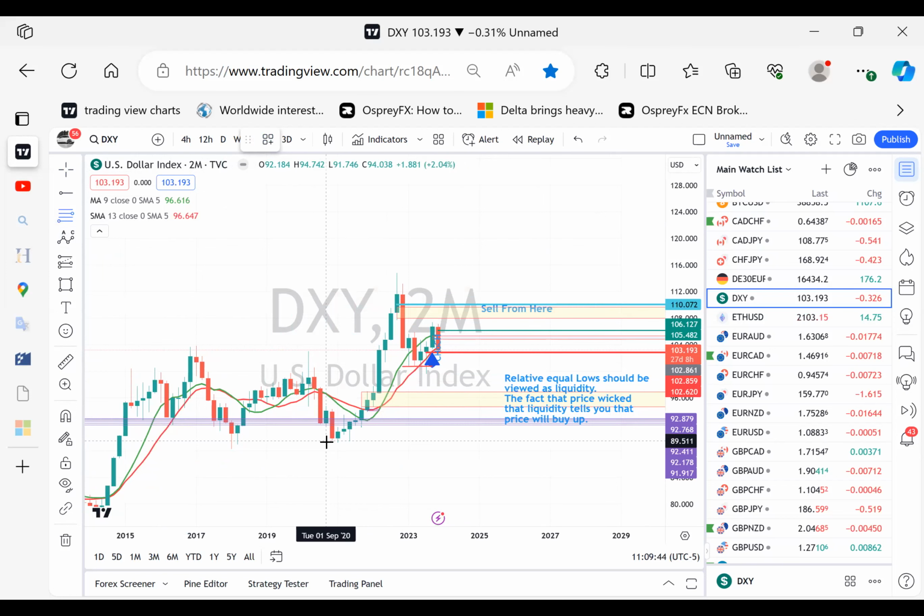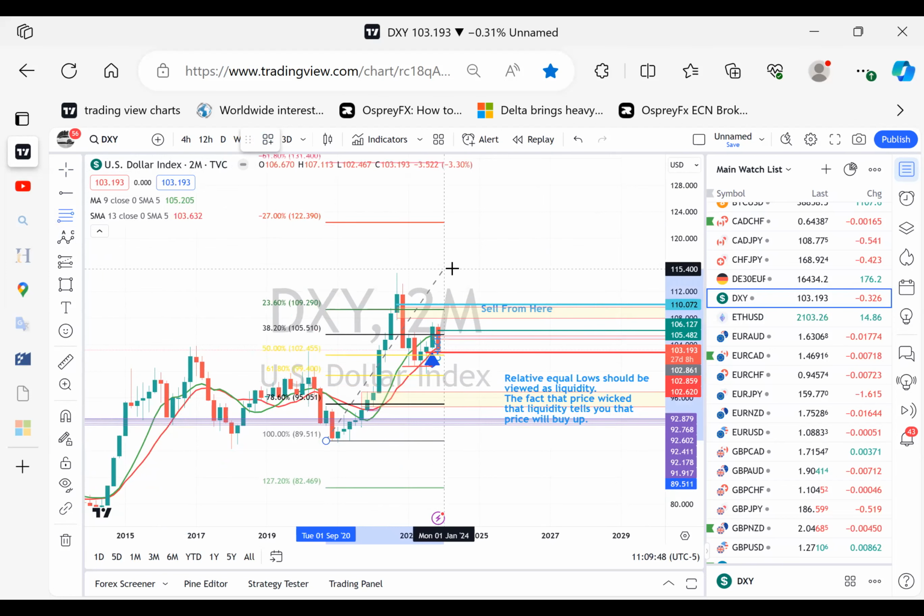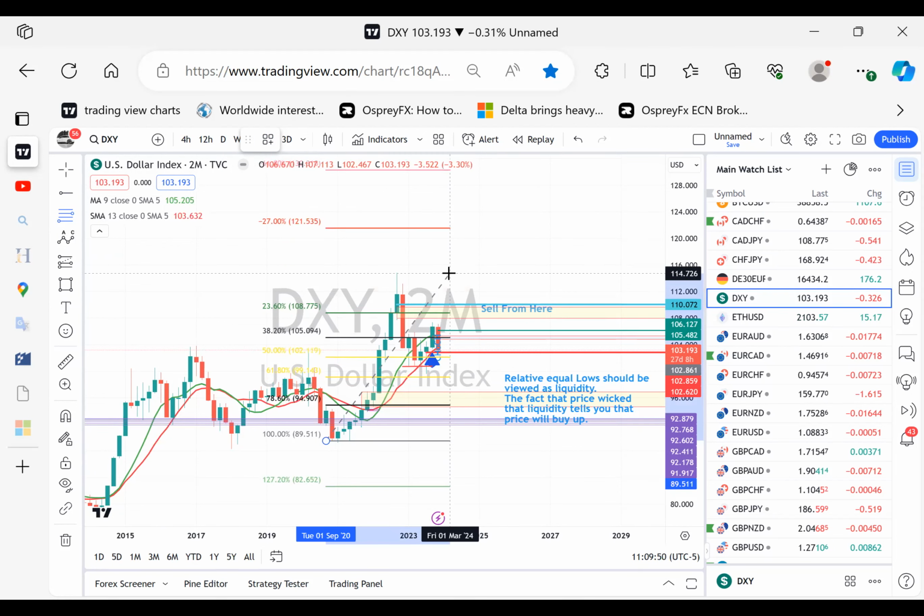What happened, if we want to tell the whole story, was price was down here, it pushed up, right? When it pushed up, it broke these highs, these relative equal highs. Now it needs to come back, right? And deal with any imbalance from this push up.